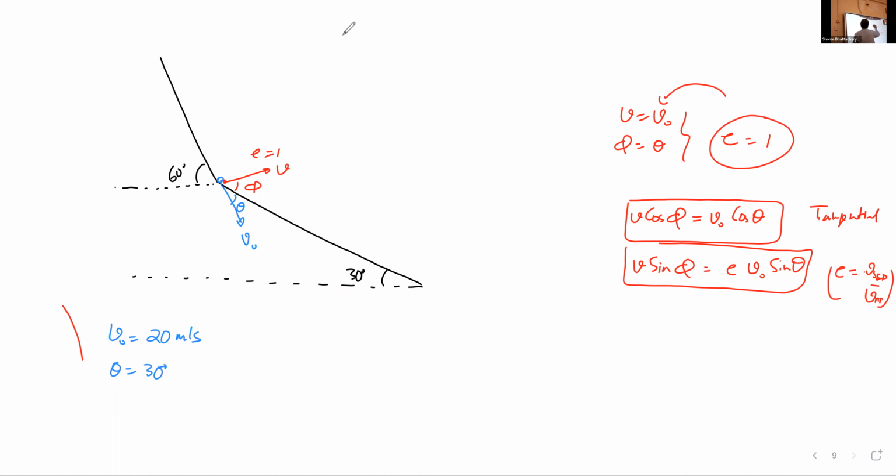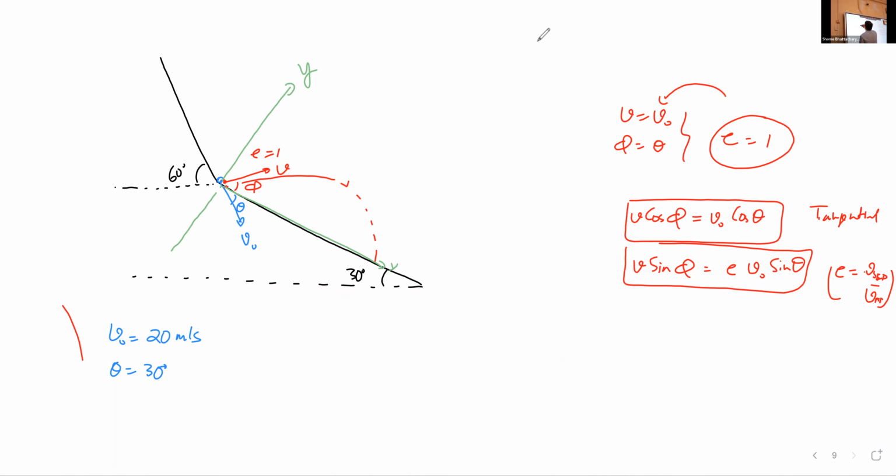Now we just have to solve the projectile motion from here to here. For that, we'll take this as our x-axis and the normal as our y-axis.